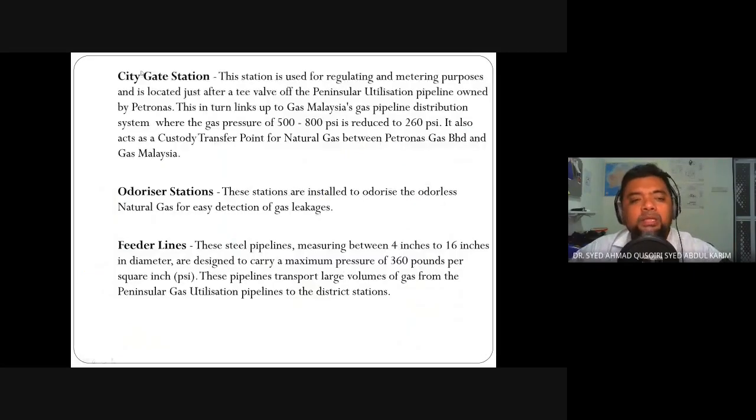So here are the explanations. The city gate station is used for regulating and metering purposes, located just after the T-valve of the Peninsula Utilization Pipeline, owned by Petronas. So Petronas owns all these gas pipelines. This links up to the Gas Malaysia pipeline distribution system, where the gas pressure of 500 to 800 psi is reduced to 260.